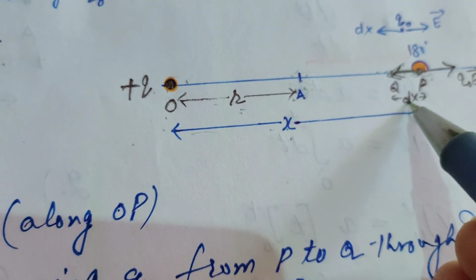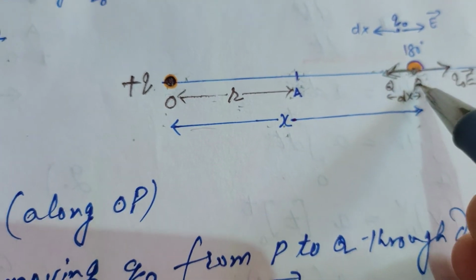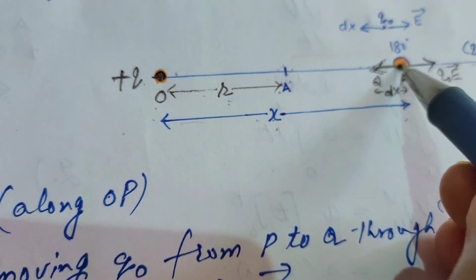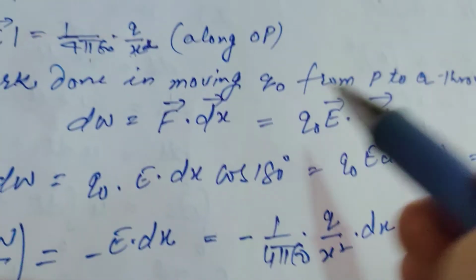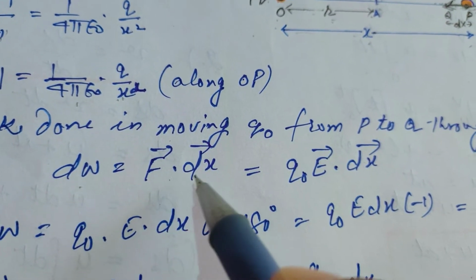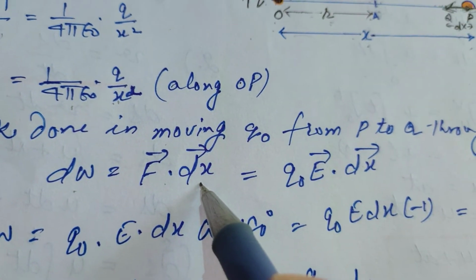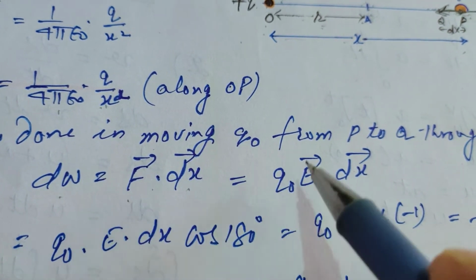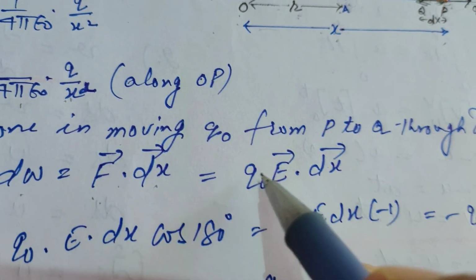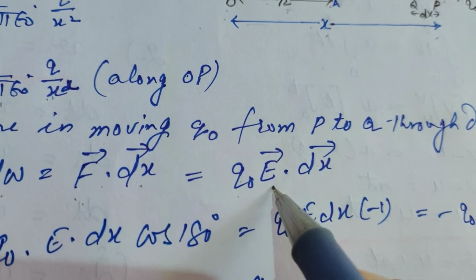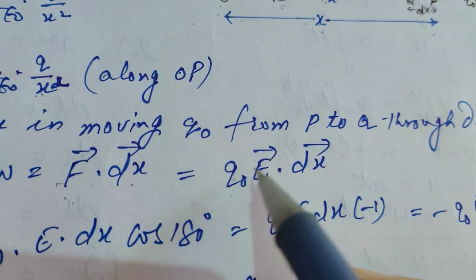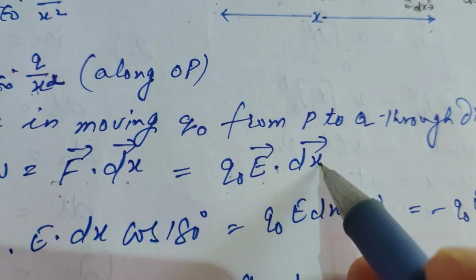So first of all, let us calculate the work done to move the test charge q naught from P to Q. As displacement is small, work done will be small. Work done is force into distance. The formula for force is the charge placed over there into electric field. So dW is equal to q naught E dot dx.